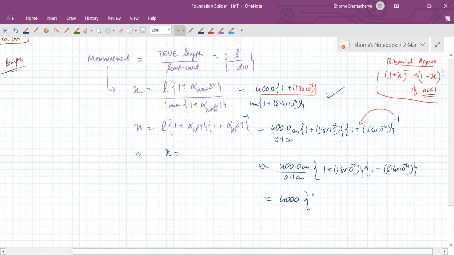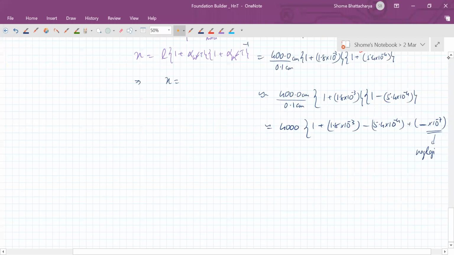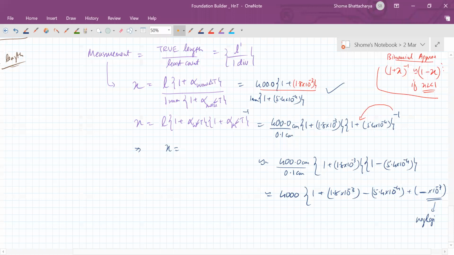Now we open this bracket. When we open this bracket, again the last term will be negligible because its power will become 10 raised to the power minus 7. So this term will be something into 10 raised to the power minus 7, so we'll neglect this. This is also negligible. So that is the approximation trick that we use.